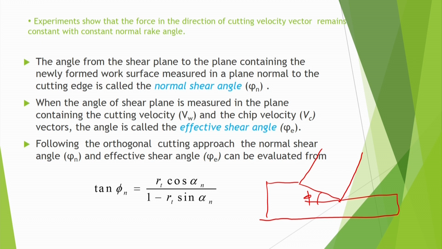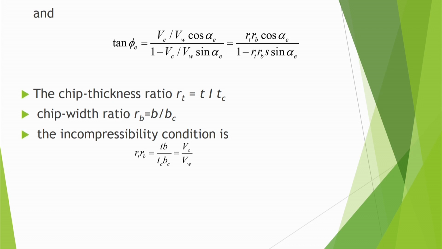The normal shear angle phi n can be evaluated as tan phi n equals Rt, the cutting ratio, into cos alpha n divided by 1 minus Rt sin alpha n. And tan phi e can likewise be derived as Vc divided by Vw, where Vw is the work velocity, cos alpha e divided by 1 minus Vc by Vw sin alpha e, and Vc by Vw can be written as Rt by Rb.